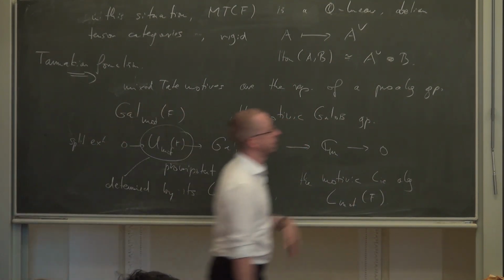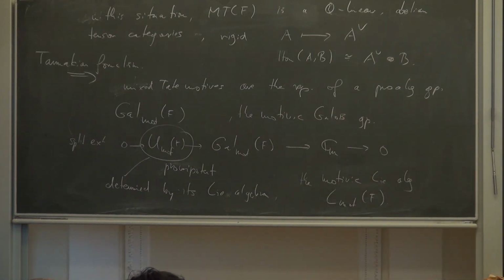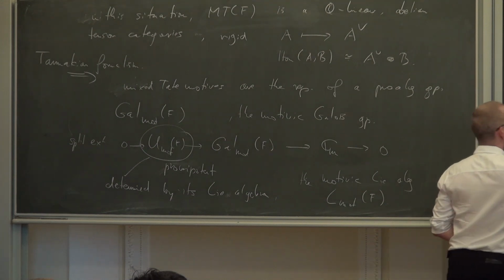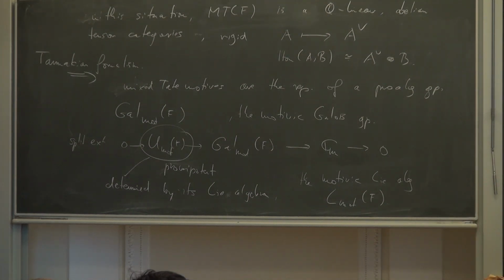And because DMT is actually the derived category of this abelian category of motives, in this situation where we know Beilinson-Soulé, we can compute motivic cohomology as cohomology of this Motivic Lie algebra, with suitable coefficients.